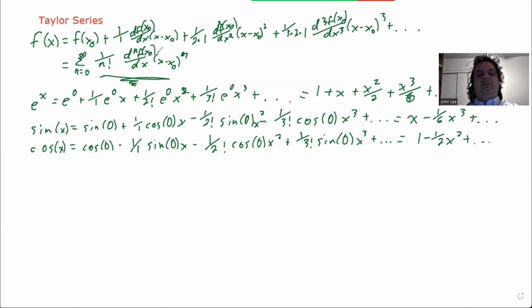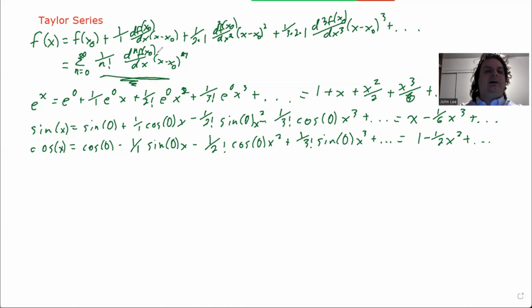If you take the initial x to be 0, then all of the sines are knocked out and all of the cosines stay. So you get x minus 1 over 6 x cubed plus dot dot dot. Cosine of x is similar, except you get 1 minus 1 half x squared and so on.